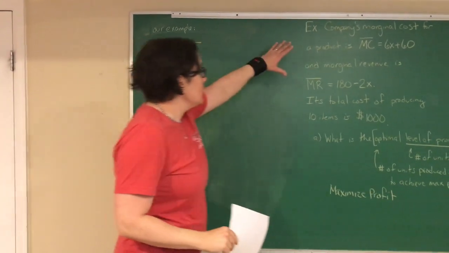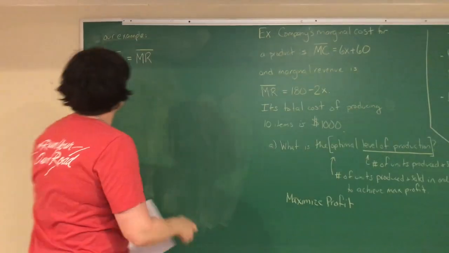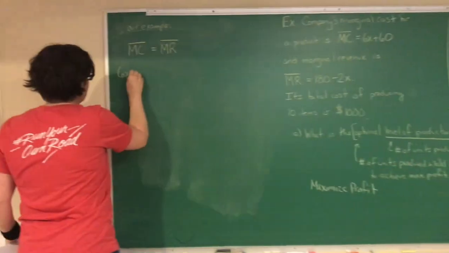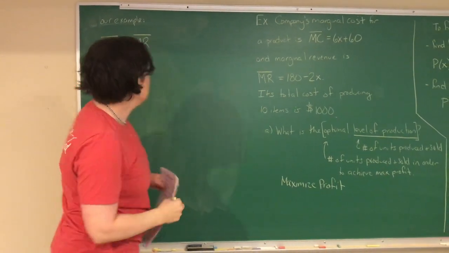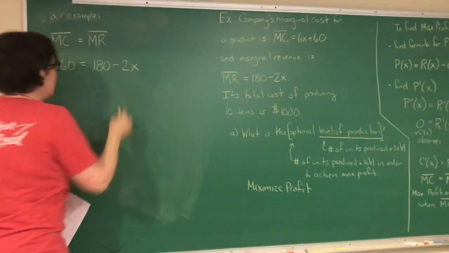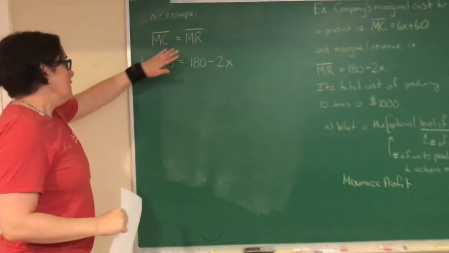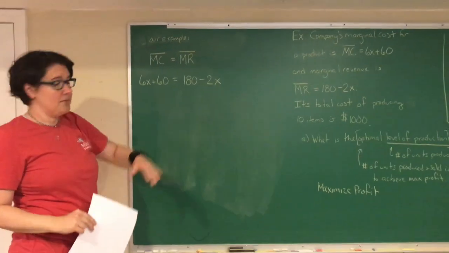So in our example, we are told that marginal cost is 6x plus 60, and we are told that marginal revenue is 180 minus 2x. So setting marginal cost equal to marginal revenue, I can solve this equation for x.